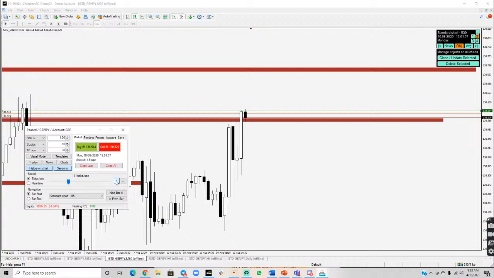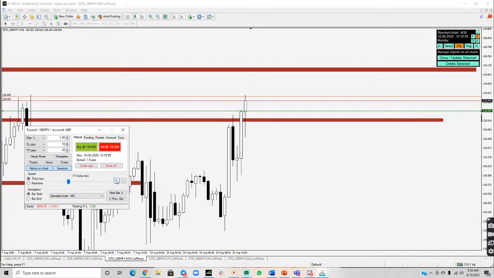So let's see. Yeah, let's wait and see. Wow. Alright, so that was pretty fast. But the idea would be to actually get in the buy as it starts to break its high.